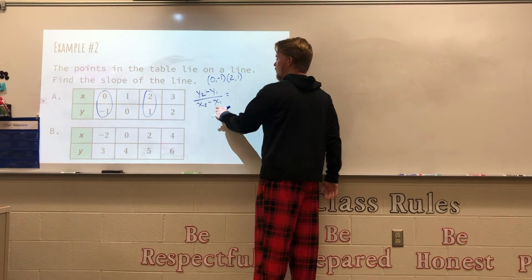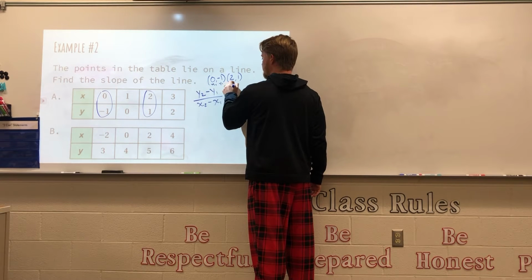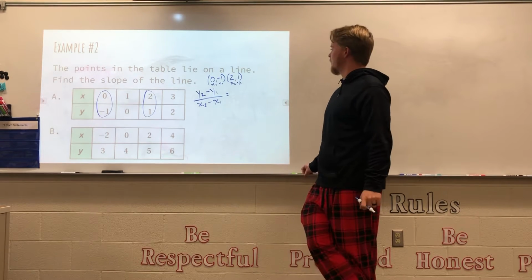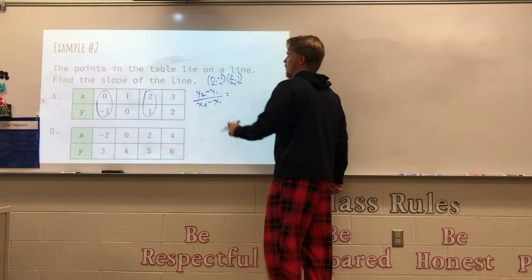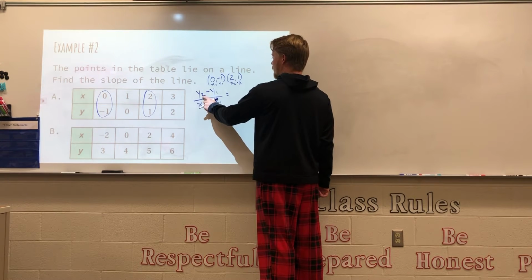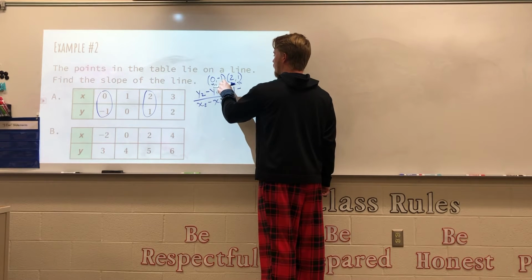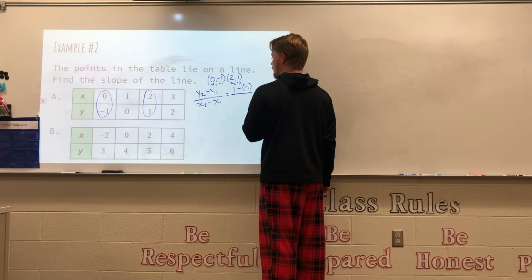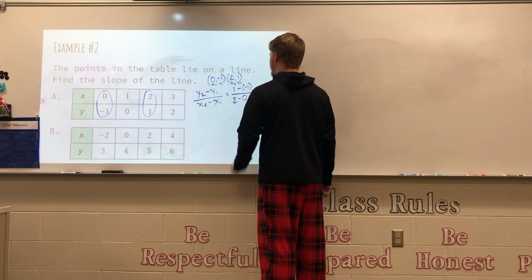So then we'll label our points, x1, y1, x2, y2. Then we're going to use that to plug in to our slope formula. My y2 is 1, minus my y1 is negative 1, over my x2 is 2, minus my x1 is 0.